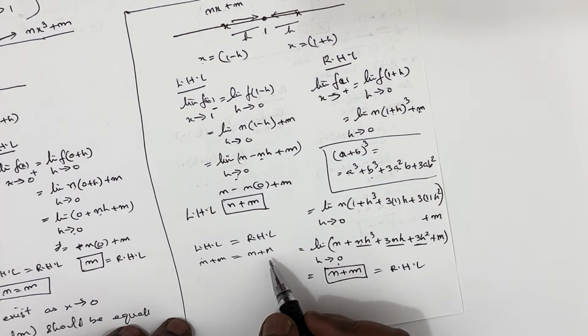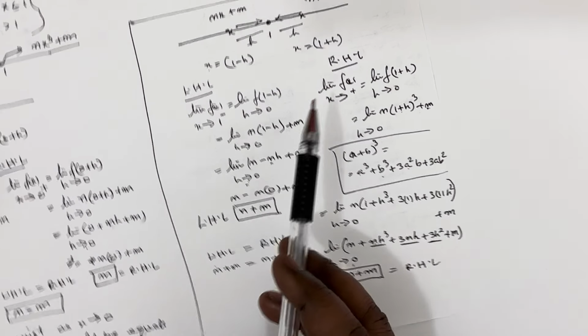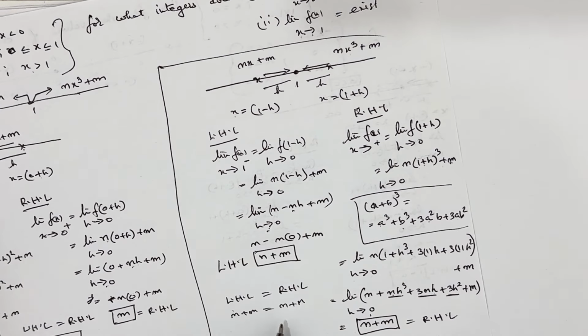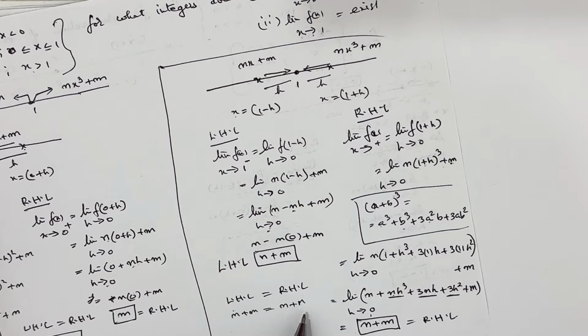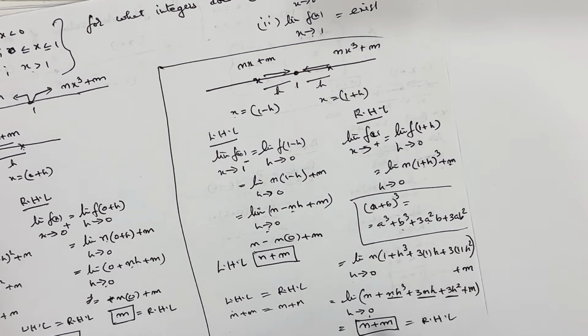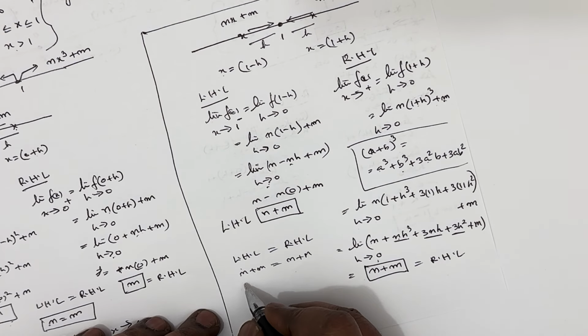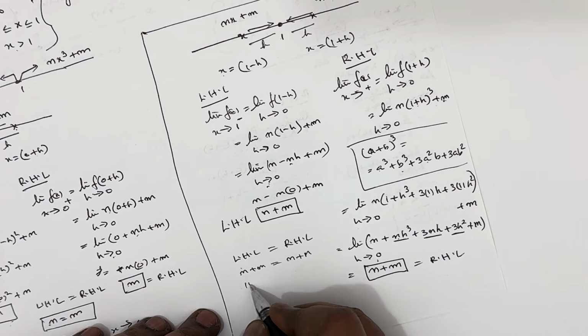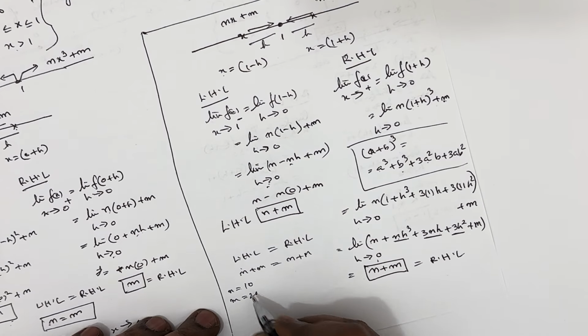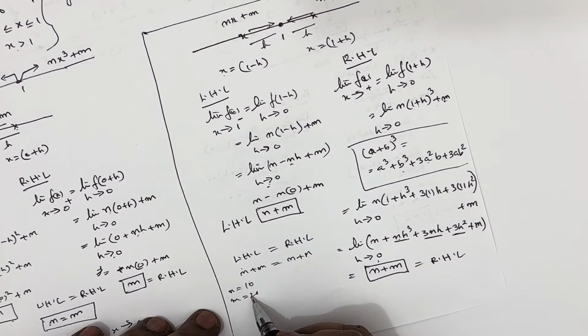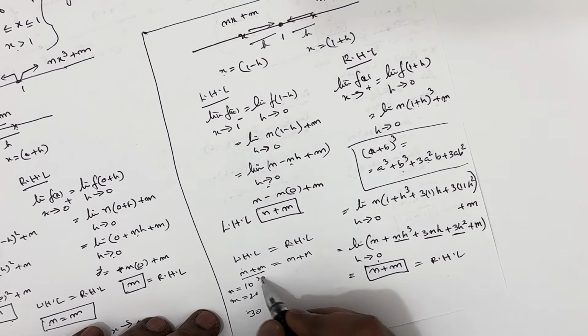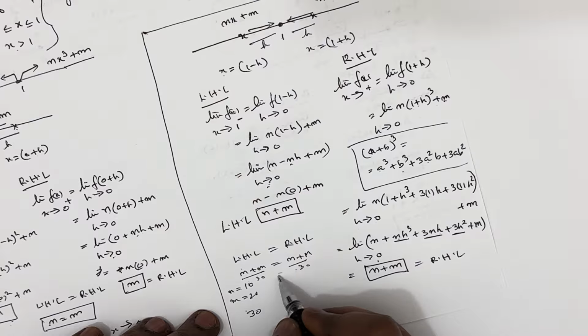Now here the limit exists for any integers m and n. See, for example, if n is equal to 10 and m is equal to 20, 10 plus 20 becomes 30. So the left hand limit can be written as 30 and this also can be 30, so 30 equal to 30.